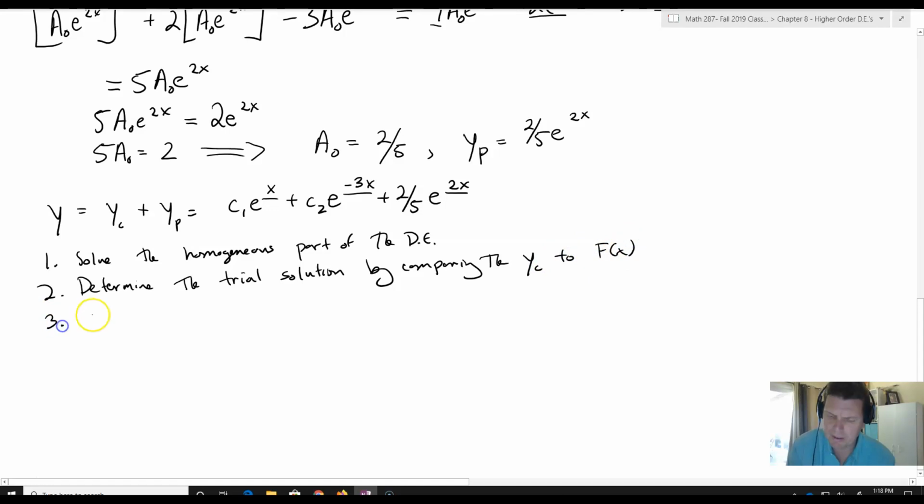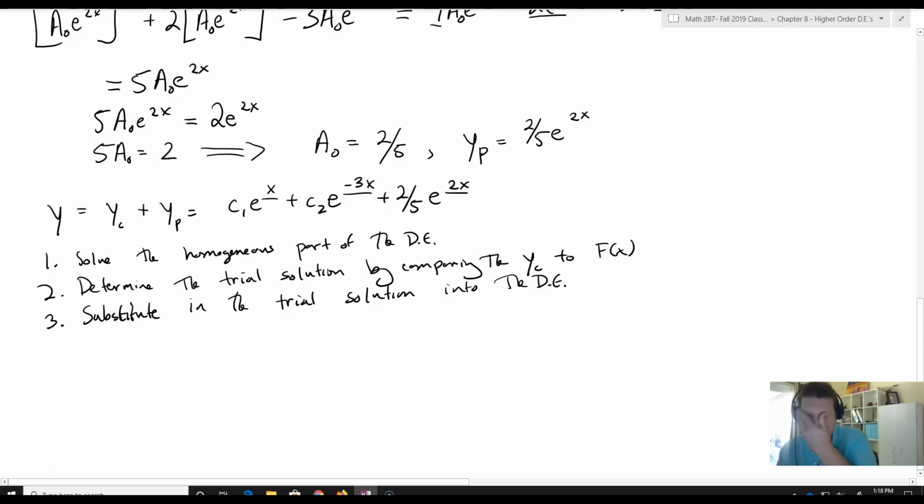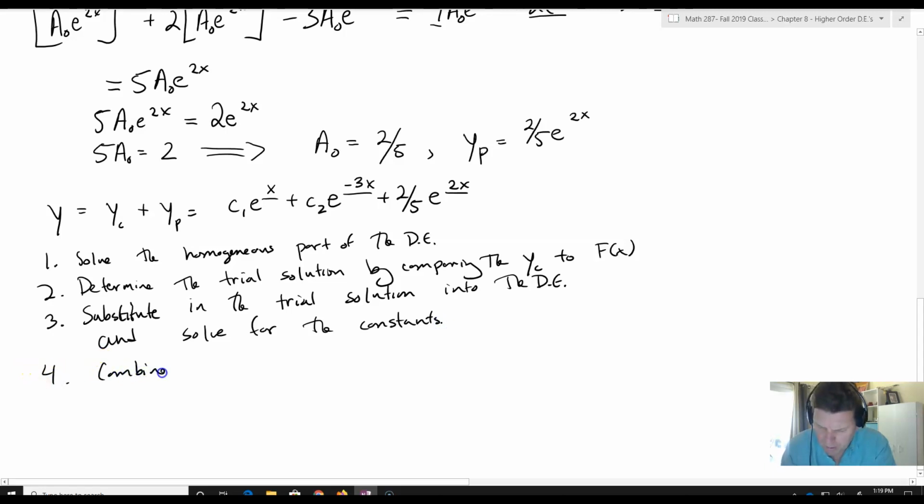Three, substitute in the trial solution once you've figured it out into the DE and solve for the constants. Four, combine yc and yp. Okay, and that's it.